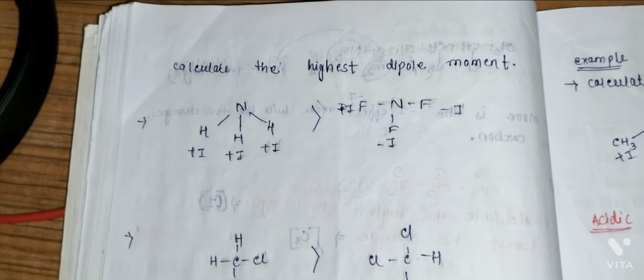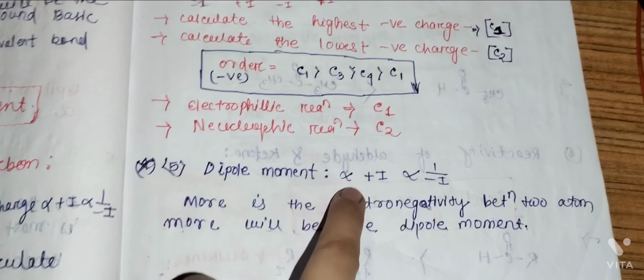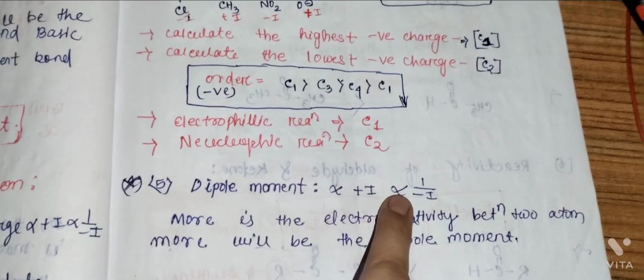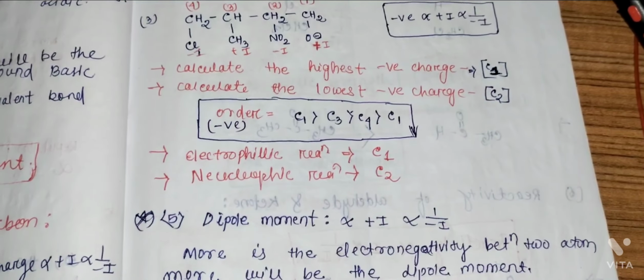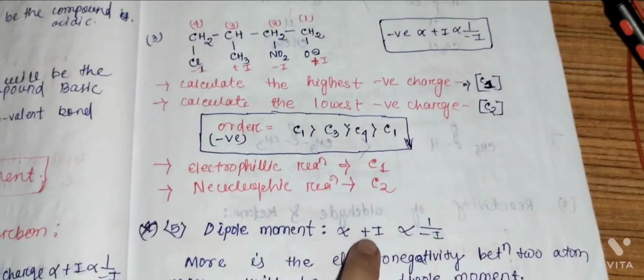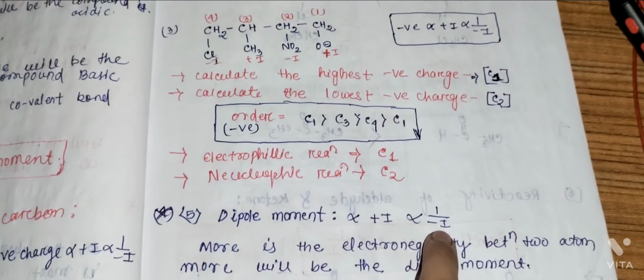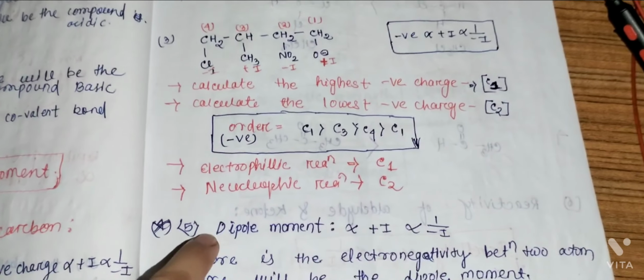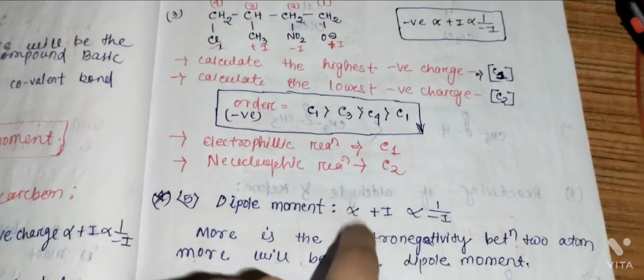Here is a question: calculate the highest dipole moment. Here is a note that dipole moment is directly proportional to plus I effect and inversely proportional to minus I effect. That means if the plus I effect is more, then the dipole moment will be more. If the minus I effect is more, then the dipole moment will be less. You have to remember this note also.